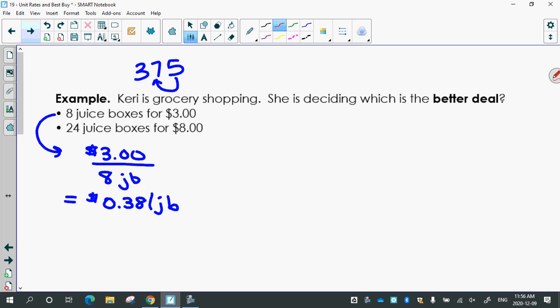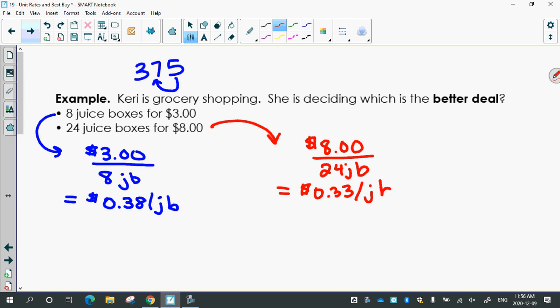And then for the 24 juice boxes, it's $8 for 24. Which is 0.33, so 33 cents per juice box.